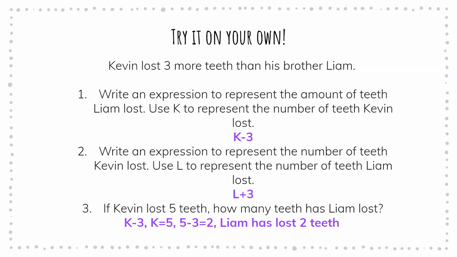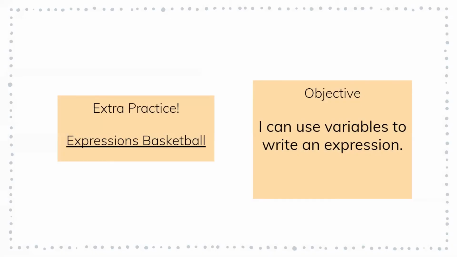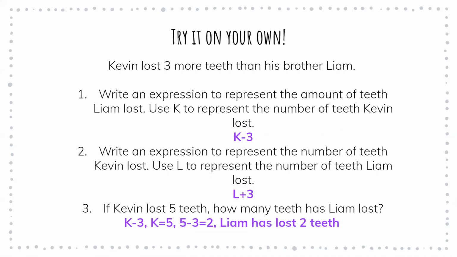So if Kevin lost 5 teeth, how many teeth has Liam lost? That one will refer back to question 1 and using that expression. So we know that Liam will always have 3 less than his brother, so we're going to use the expression K minus 3.